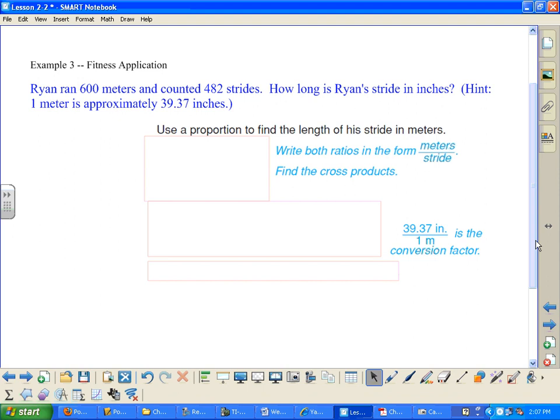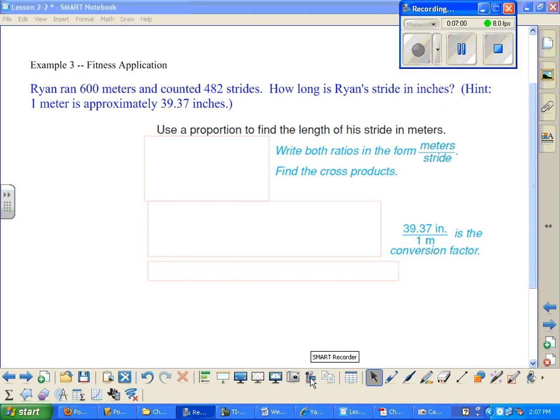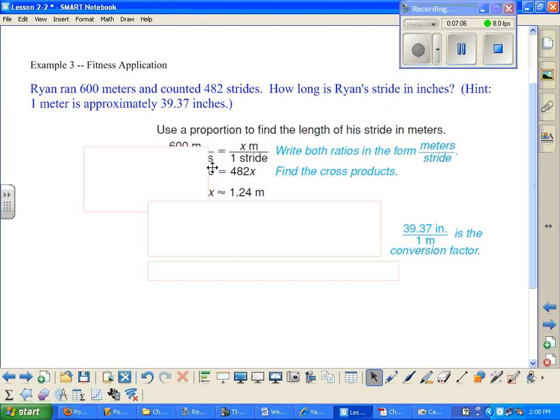Okay, so we'll do 600 divided by 482. All right, so we take 600 divided by 482. Okay. So it's 1.24 meters per stride then. So how do I figure out how many inches that was?